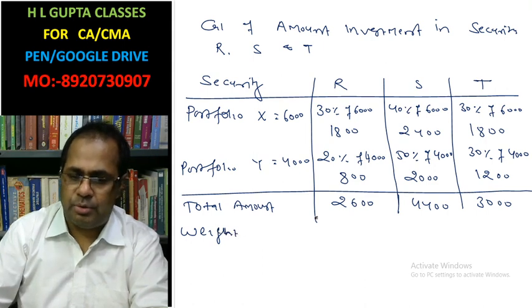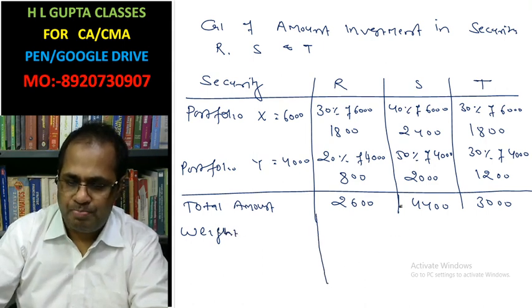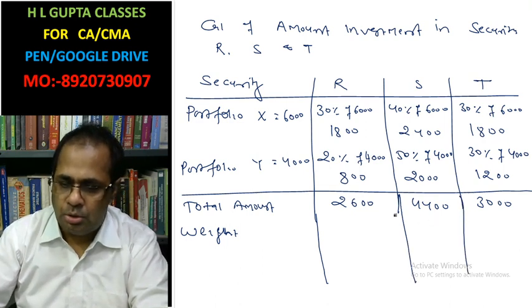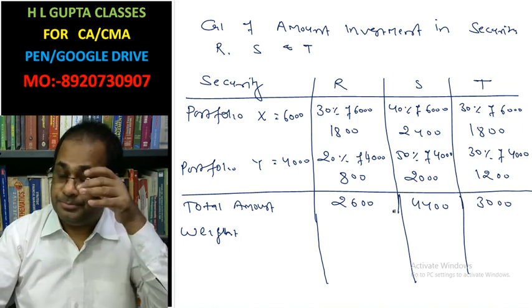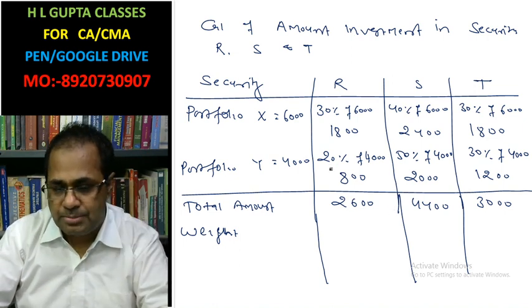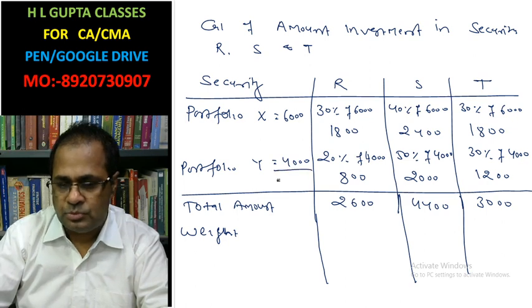The weights we need to calculate. Look at it. Total investment amount you had is 10,000.